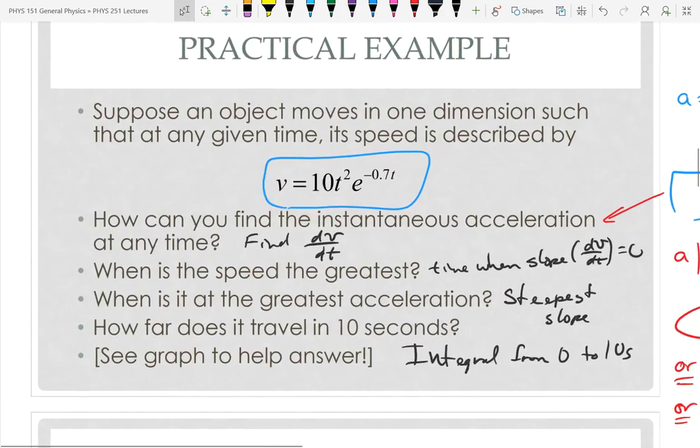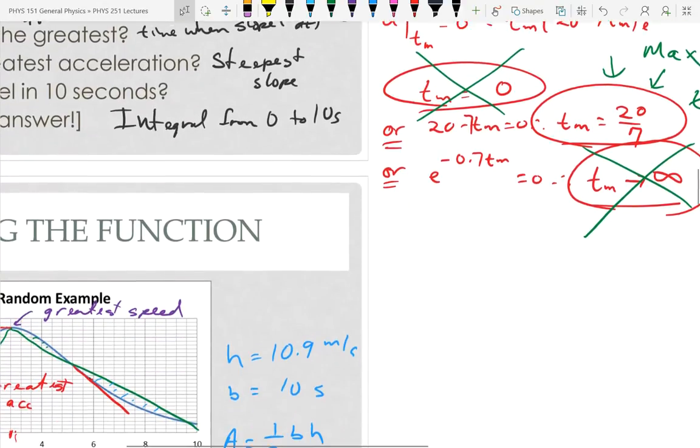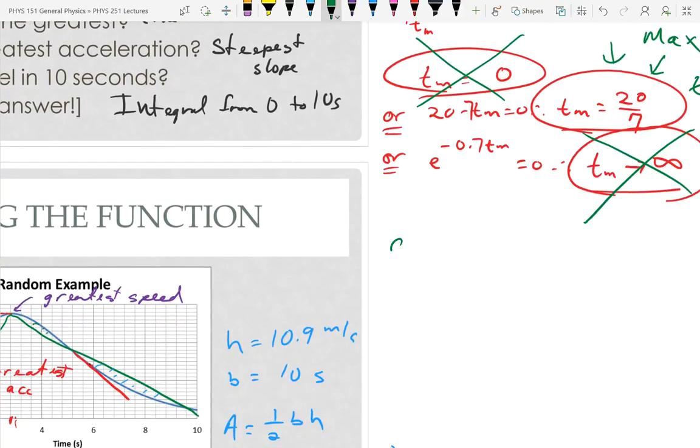All right, the next one. We found the greatest acceleration? Nope. We found the greatest speed. How do we find the greatest acceleration then? Well, what was the rule I just gave you for finding the extremum?